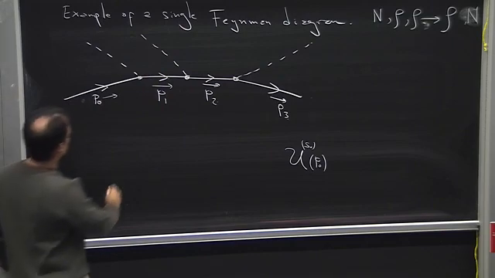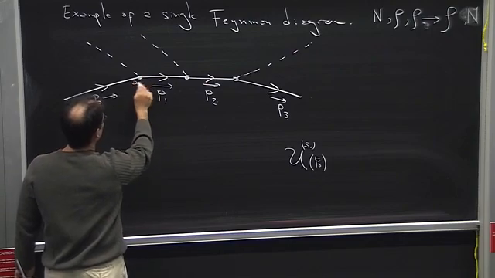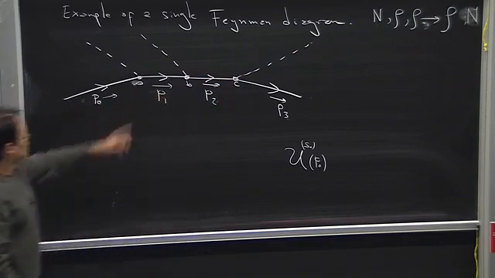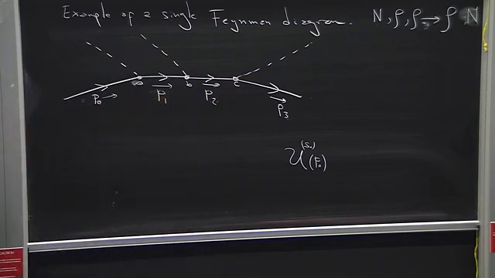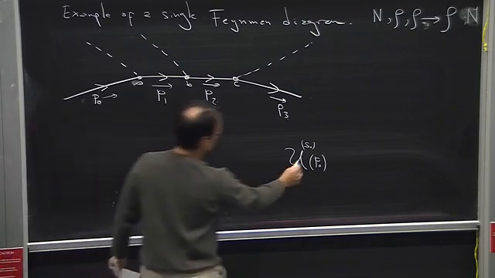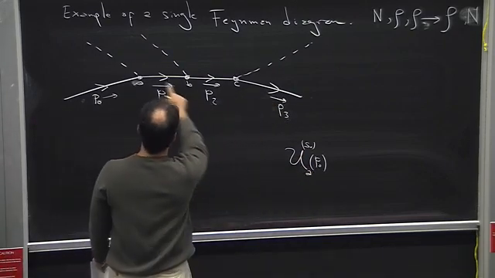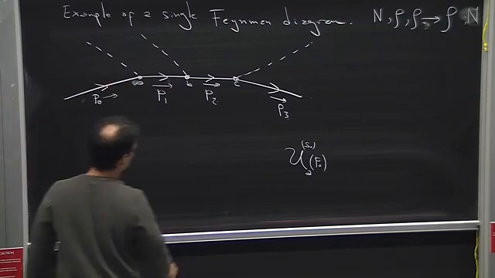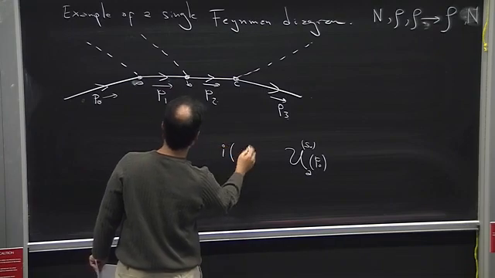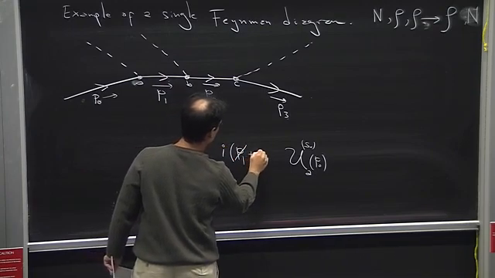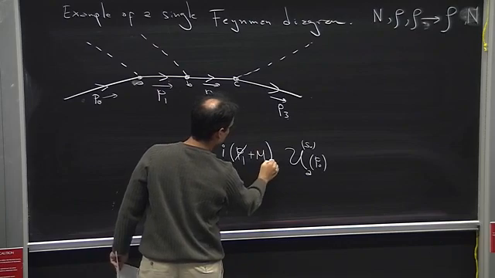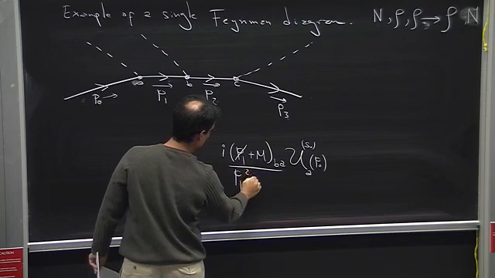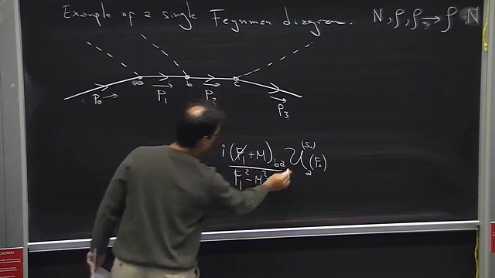The rules that I had there actually had indices, an index A, B, and C. The reason I'm putting a single index is because the delta function locks them together. So if I have a UA, I have to put here the propagator, but I look there and see what is the propagator that I have to put, and it turns out to be I P1 slash plus M, so this is the nucleon, and then it has a delta BA over P1 squared minus M squared plus I epsilon.